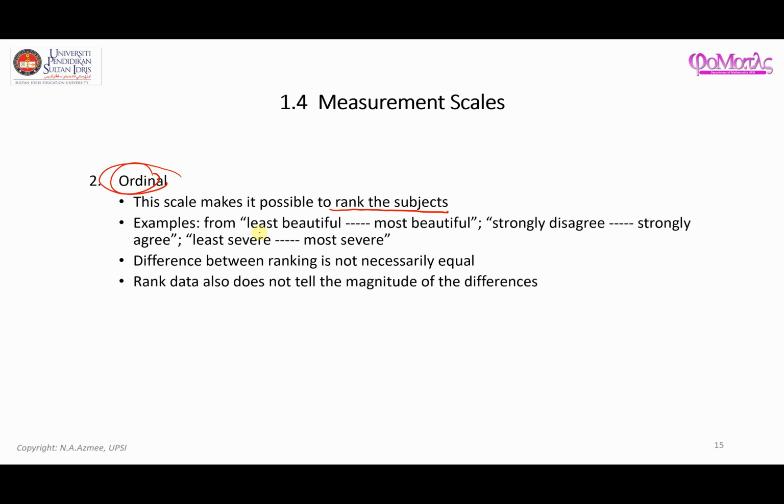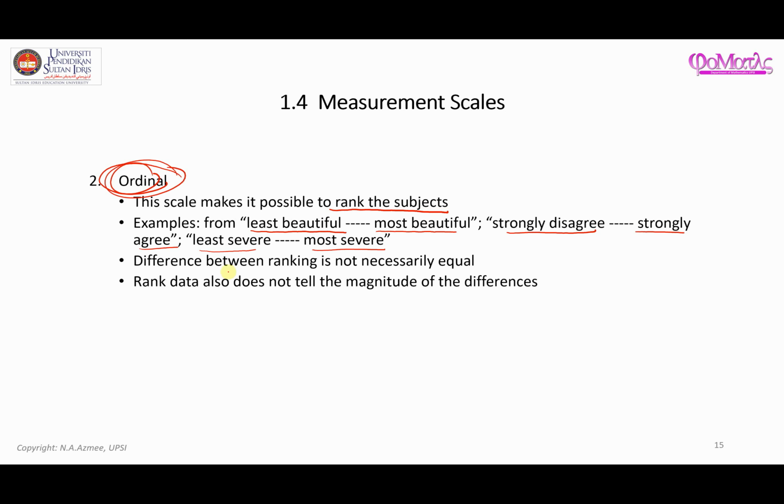For example, least beautiful to most beautiful, or strongly disagree with an opinion to strongly agree with a particular opinion, or least severe pain to most severe pain. These are examples, not limited to these, of ordinal measurement scale.